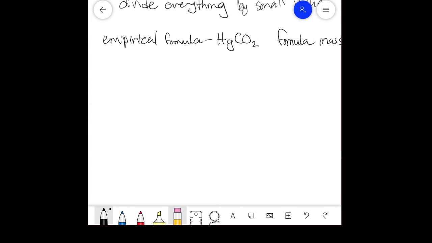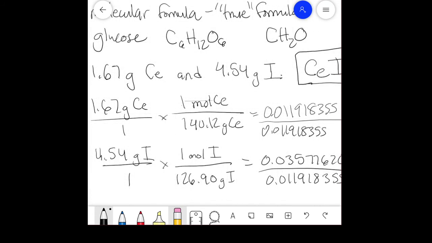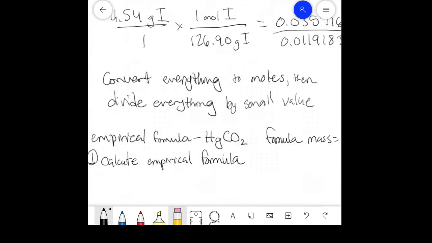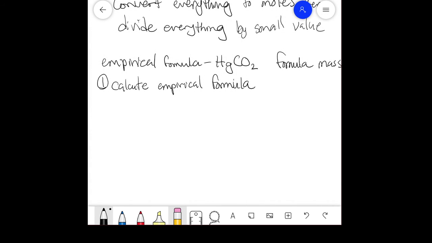So there's 4 steps. The first step is to calculate the empirical formula. If it didn't give it to you, and it said we have a certain amount of silver and a certain amount of CO2, you would need to calculate that empirical formula.